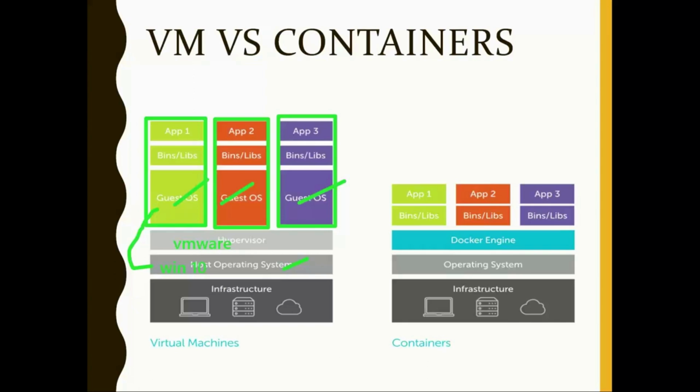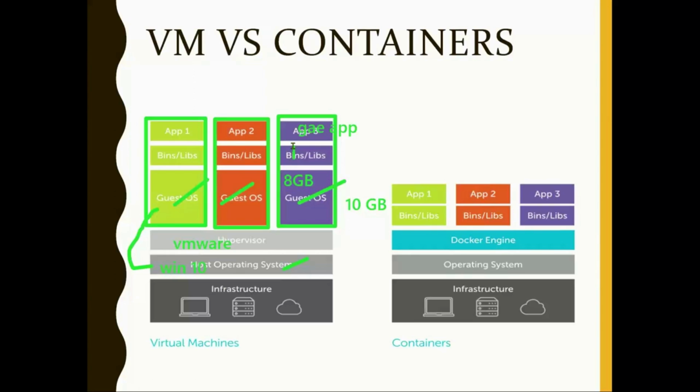Those resources will be consumed again from the host only. Maybe let's say you have allocated some 10 GB to this VM. Out of this 10 GB, the majority will be consumed by the OS itself. Then the application, let's say this app is the gaming app we were talking about. Again the binaries and libraries, like software required, some dependencies. So if you notice here, every virtual machine will have its own operating system.